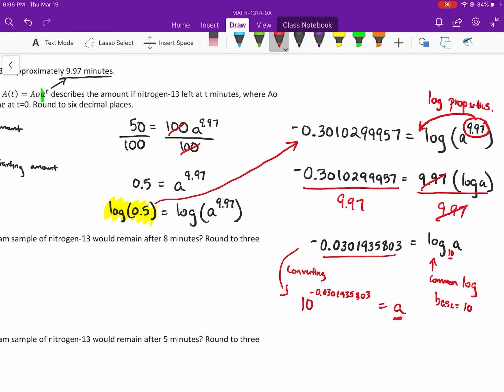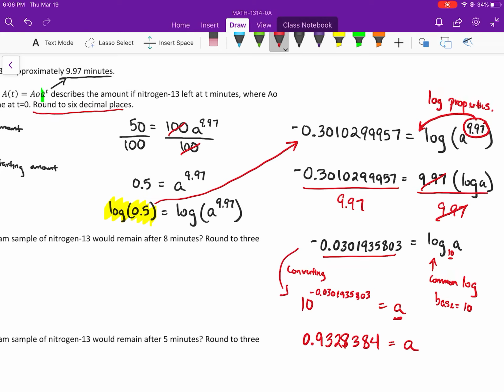So 10 taken to that power gives me a value of 0.9328384 equals A.